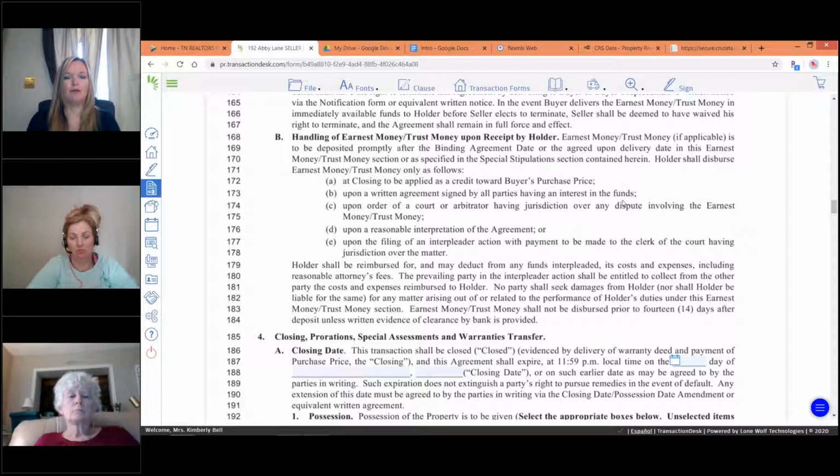Like, for example, upon an executed contract, we agree that the earnest money is to be released to the seller and that it's non-refundable. Well, then it's no longer earnest money, because earnest money is to be held in a non-interest bearing account. So don't make that mistake.